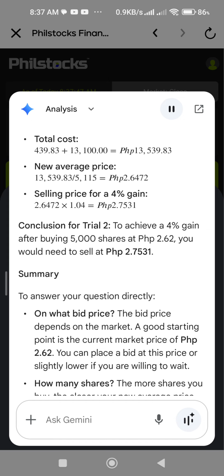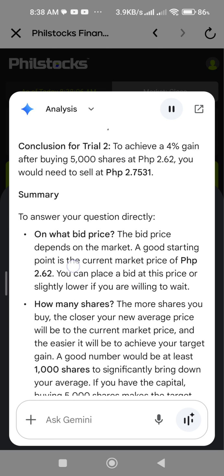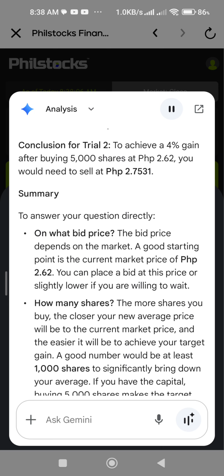New average price: 13,539.83 divided by 5,115 equals PHP 2.6472. Selling price for a 4% gain: 2.6472 times 1.04 equals PHP 2.7531. Conclusion for Trial 2. To achieve a 4% gain after buying 5,000 shares at PHP 2.62, you would need to sell at PHP 2.7531.